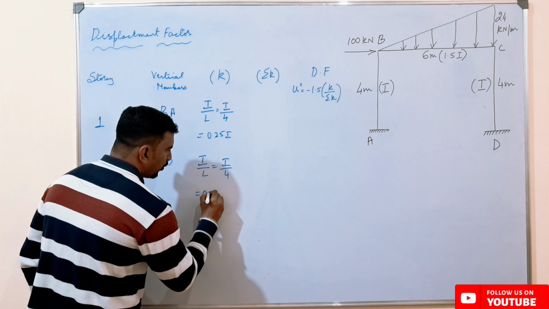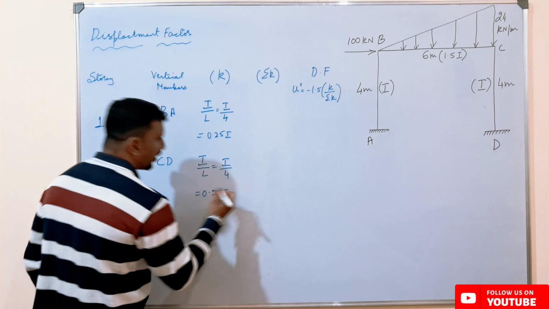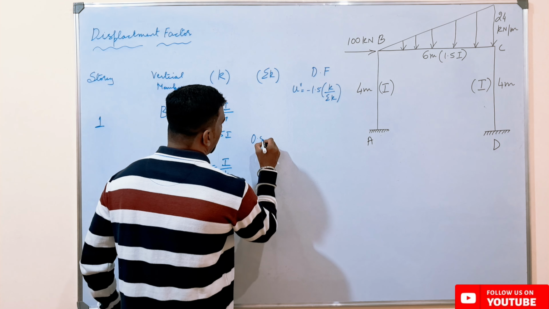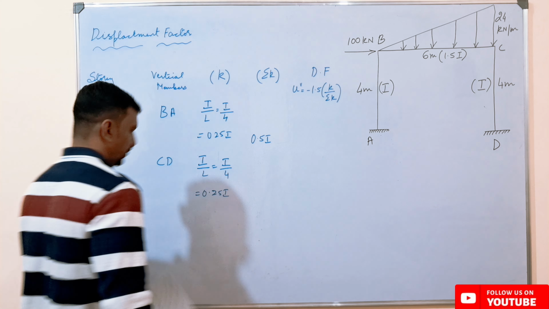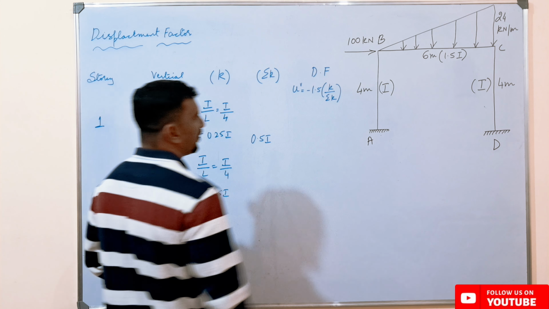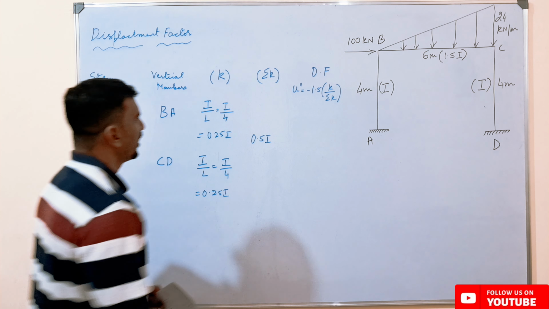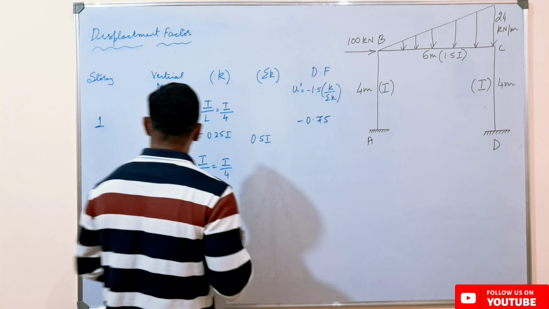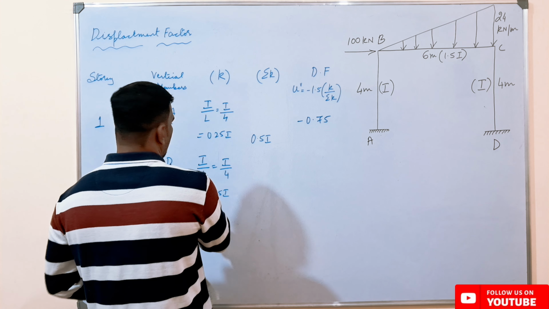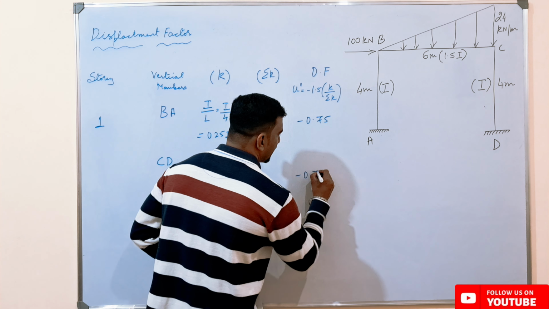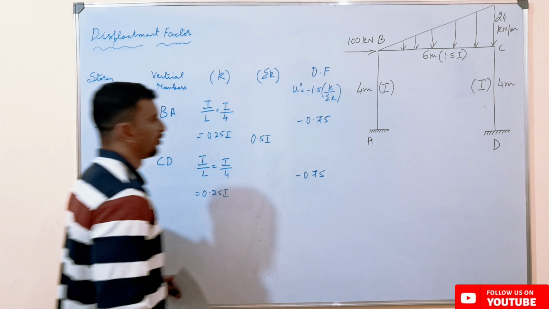So this gives a value of 0.25 I. So now if we take the summation of these two, this will be equal to 0.5 I. So if we just put the value over here, that is minus 1.5 into K upon sigma K, we are getting a value of minus 0.75 for vertical member BA, and for vertical member CD also we are having a value of minus 0.75.